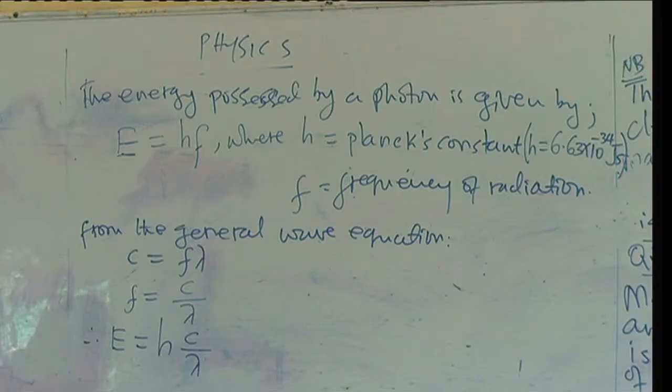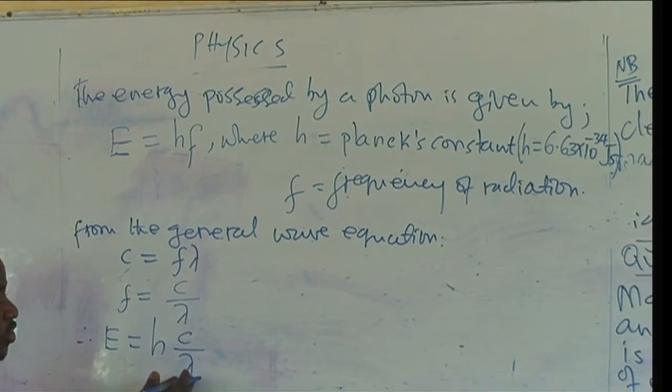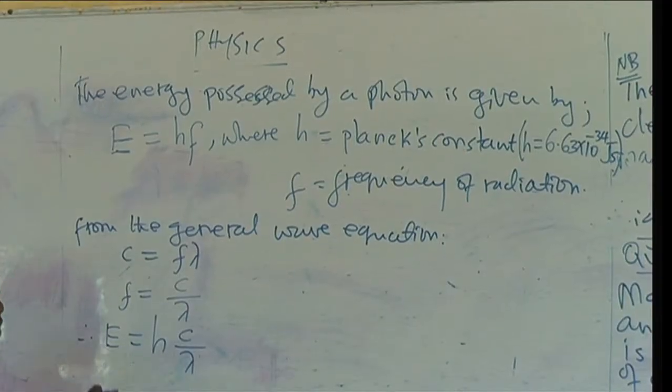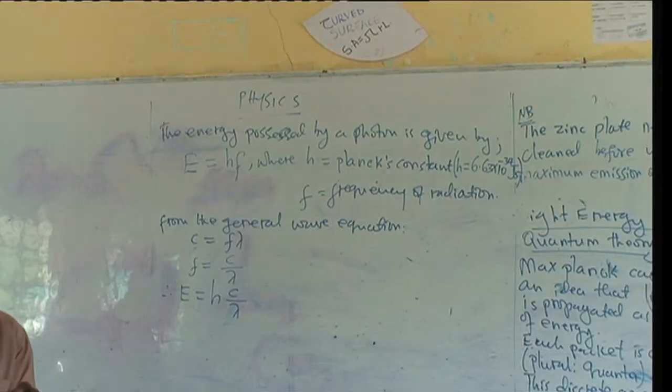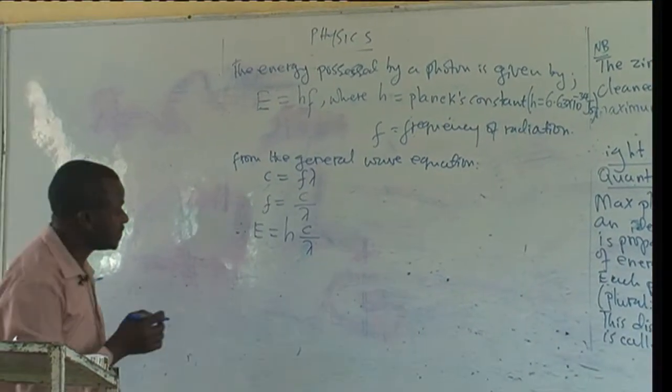Now, you realize that radiation with a long wavelength will have a small amount of energy, but radiation with a short wavelength will actually have a maximum amount of energy. That is what we need to understand in this particular case.